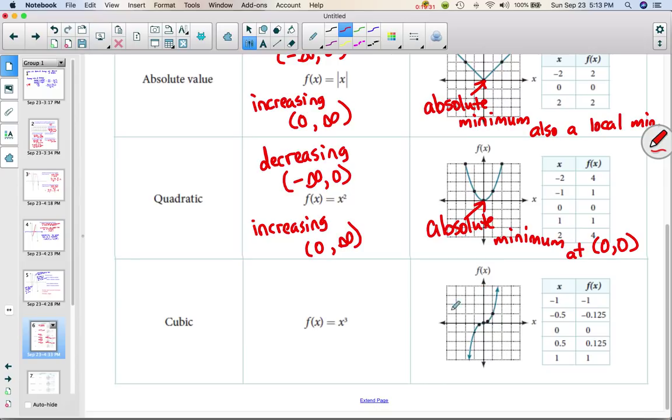For our cubic function, notice that it is always increasing. So I'm going to say from negative infinity to infinity. This one actually has something special in here.